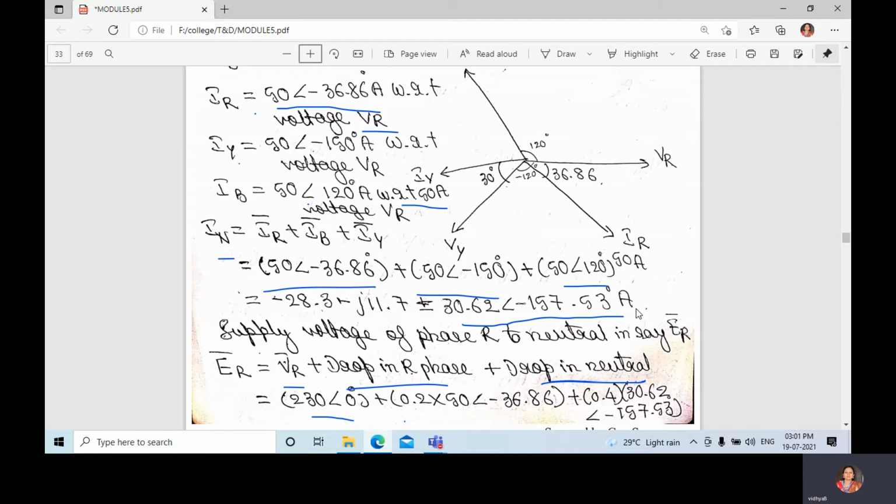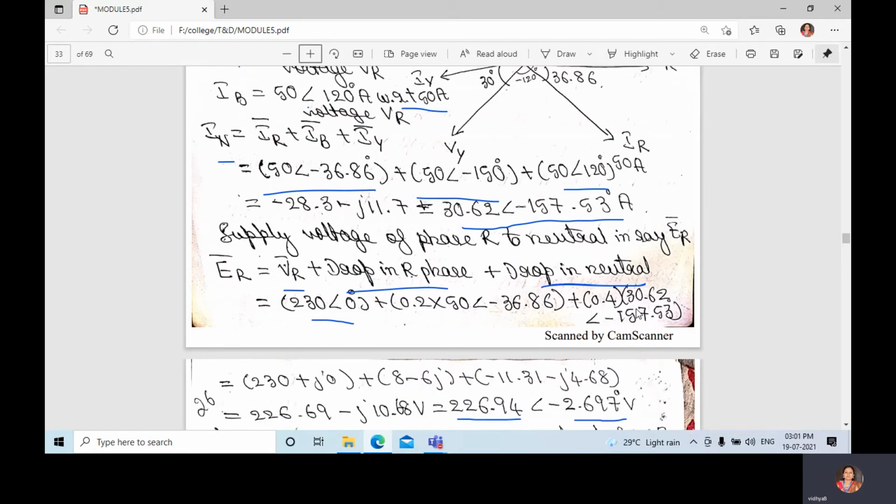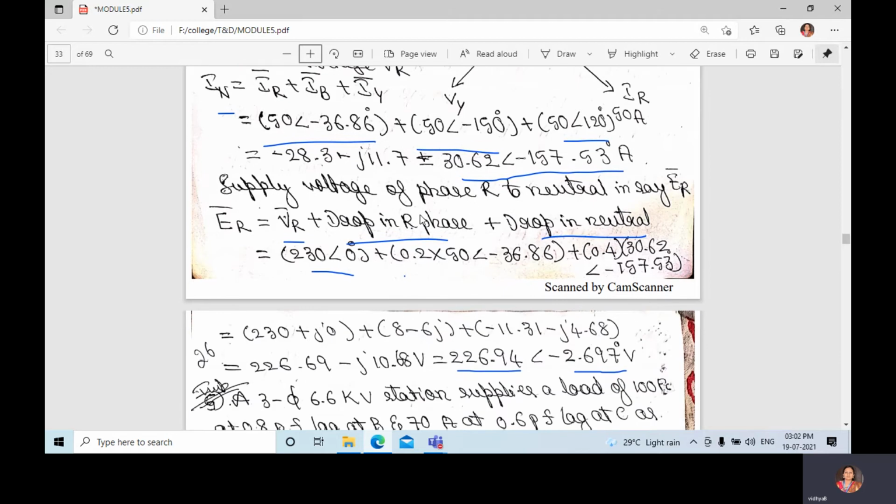So here the supply voltage of phase R to neutral, say ER, is equal to VR plus voltage drop in R phase plus drop in neutral.